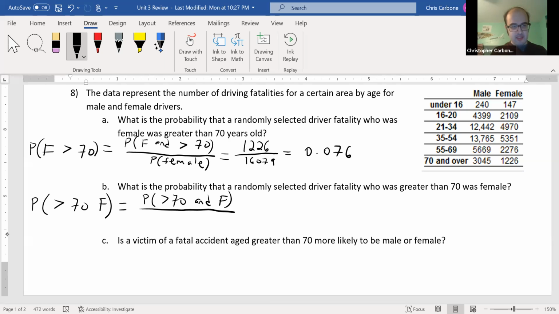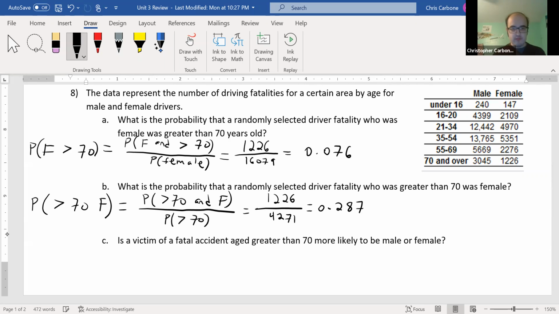And this time, it's going to get divided by the probability of being greater than 70. This will be still that 1,226. But now we are adding these two numbers to get 4,271. That gives us 0.287.